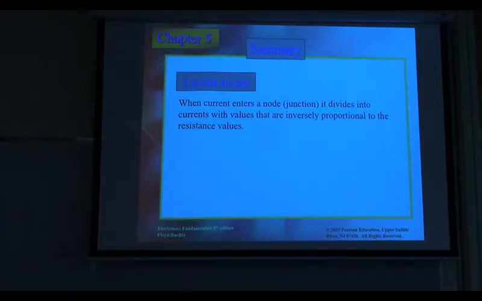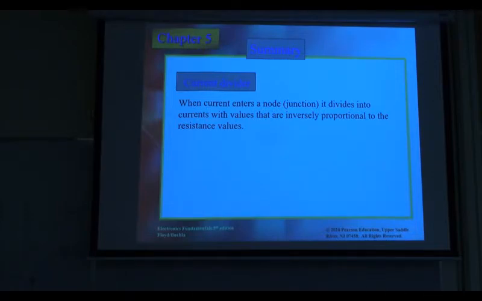I will draw it like this: a current source, with R1 and R2 in parallel. What I want is the current on this branch and the current on that branch.